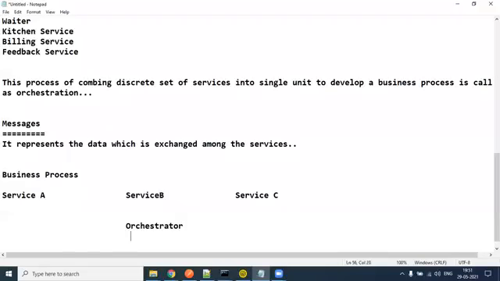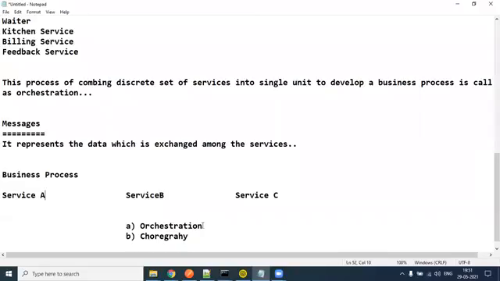There is another model called the choreography model. What I'm trying to tell you is when these discrete services need to talk to each other, there are two models. One is the orchestration model, another is the choreography model. In the choreography model, these services talk to each other themselves, right?